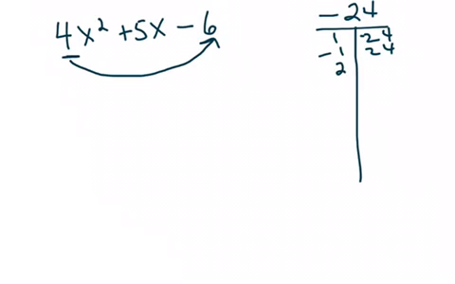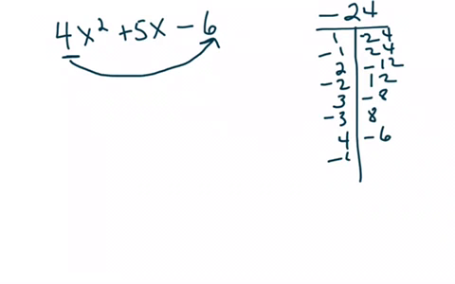It could be 2 times negative 12 or negative 2 times positive 12. It could be 3 times negative 8, or negative 3 times positive 8. It could be 4 times negative 6, or negative 4 times positive 6. And I think that's all there are.